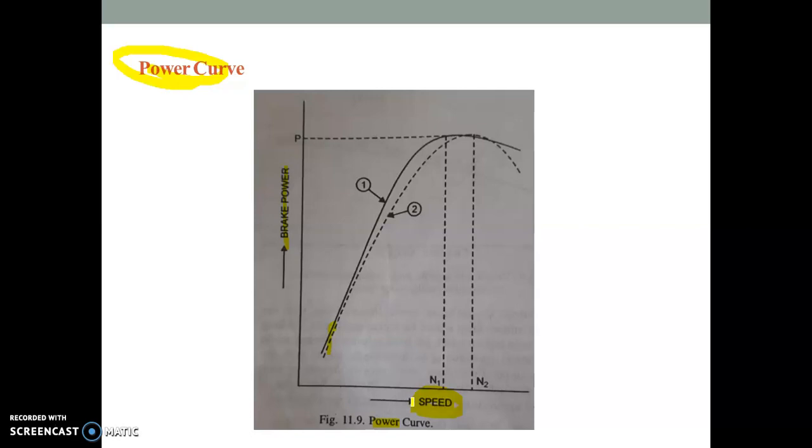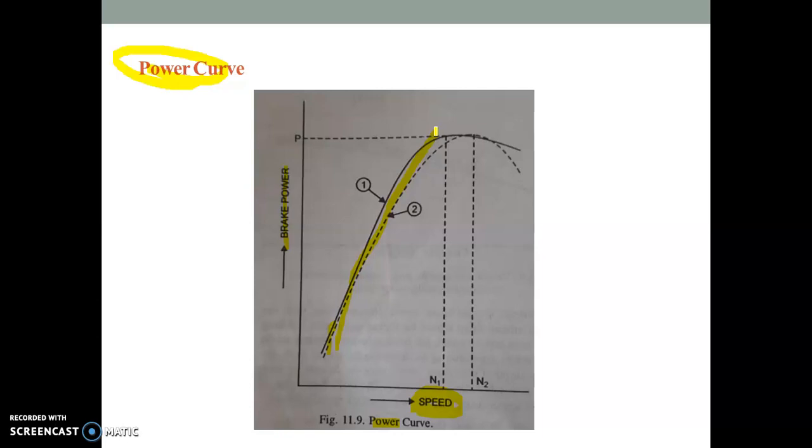It is seen that engine output, that is brake power, first increases with engine speed, since at higher revolutions per minute there would be a higher number of working cycles and hence more power.